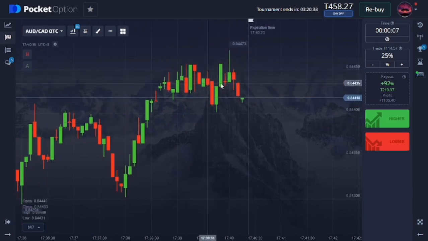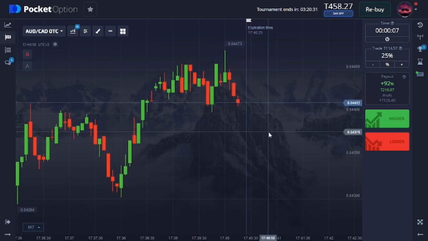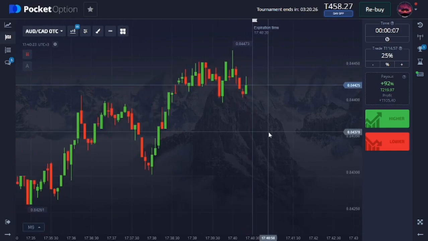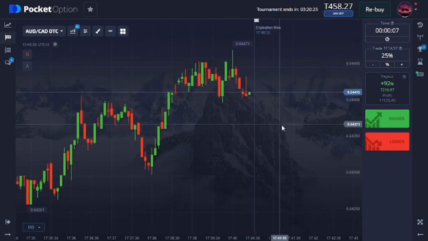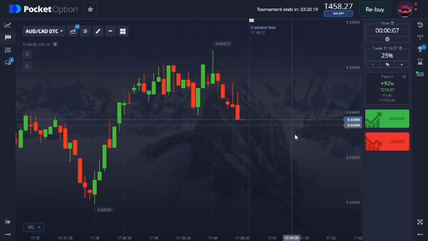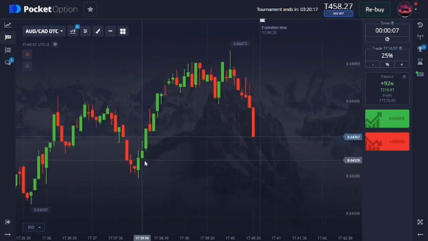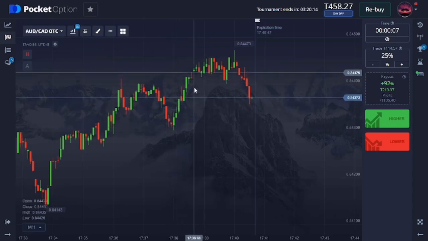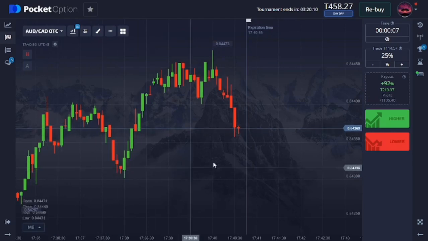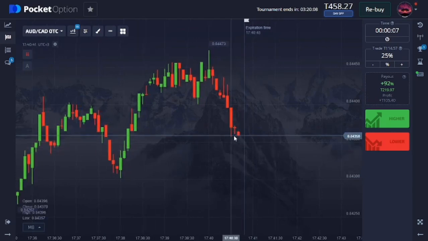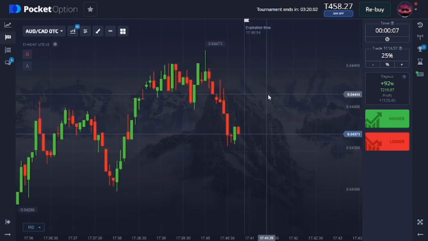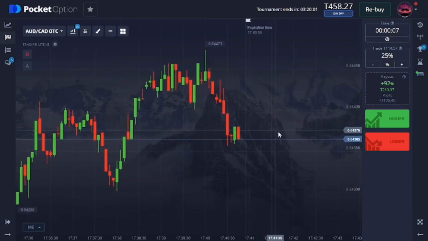Again, consolidating to break out in either direction, upside or downside. Oh my, I told you this thing will be balanced by some kind of pullback, just like this. If it launches to the upside, then we will enter a buy.